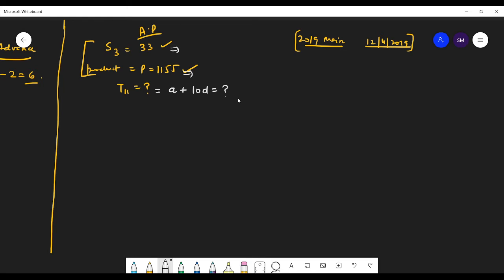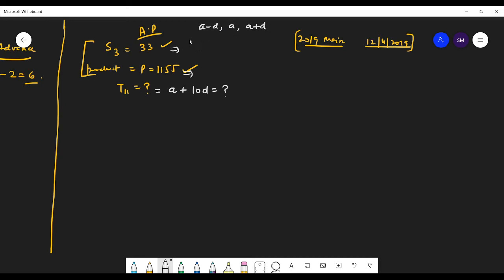So students, again you have to let the three numbers here. What will be your three numbers of AP, because the sum and product is given? The three numbers in AP are a minus d, a and a plus d.